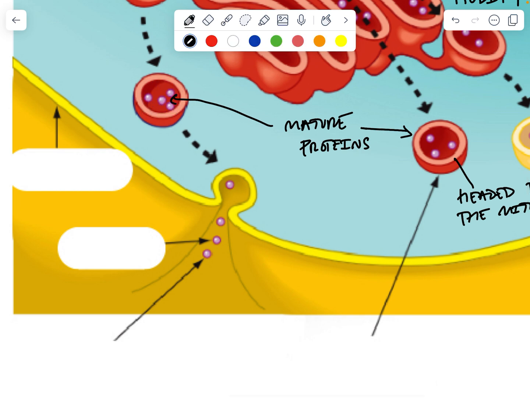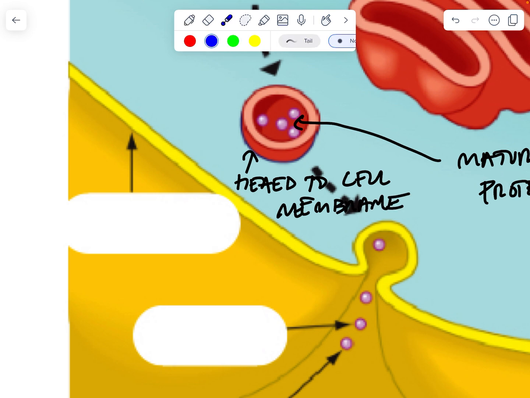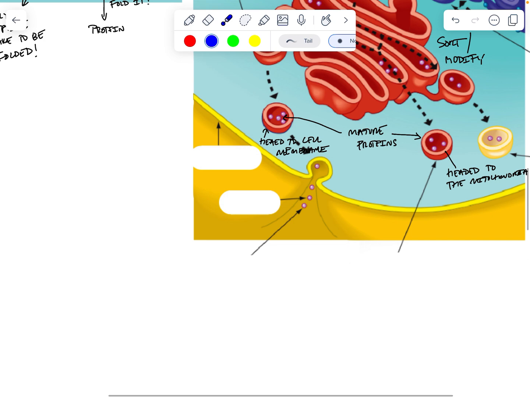And this transport vesicle might be headed outside the cell. So this vesicle is carrying proteins that, when it fuses with the cell membrane, it's going to release its proteins extracellularly.